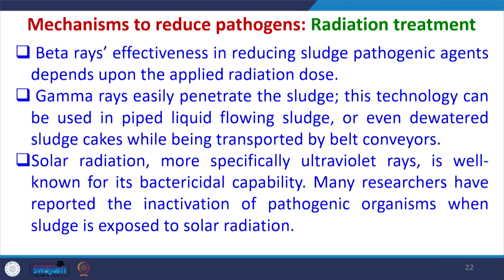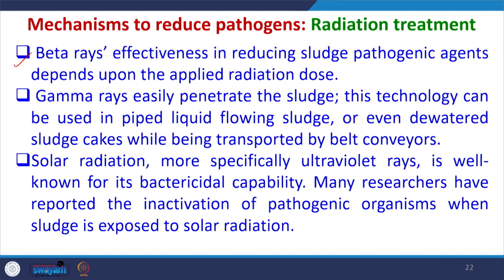Now, we have mechanisms to reduce pathogens via biological treatment also, and radiation treatment. So, let us first study the radiation treatment. Beta rays' effectiveness in reducing the sludge pathogenic agents depends upon the applied radiation dose.